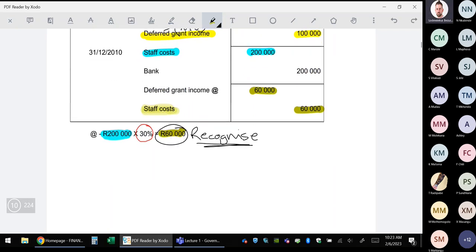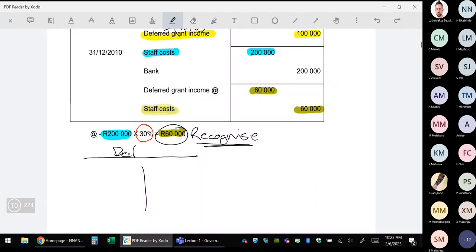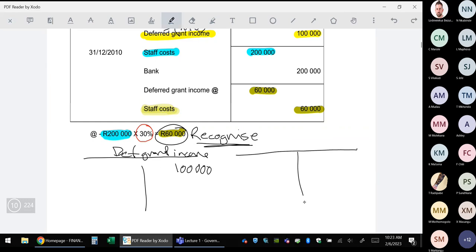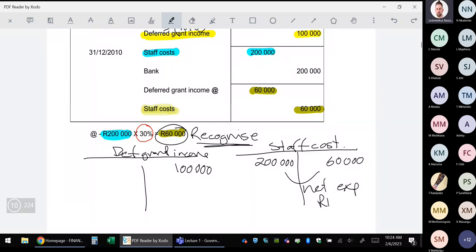Okay, so what do we have on our balance sheet? So we have deferred grant income, 100,000. Staff cost was 200,000 and we recognized 60. So the net expense is 140.